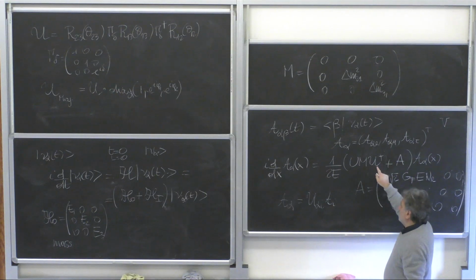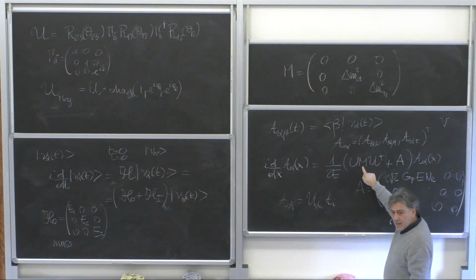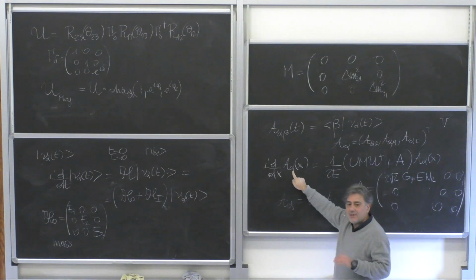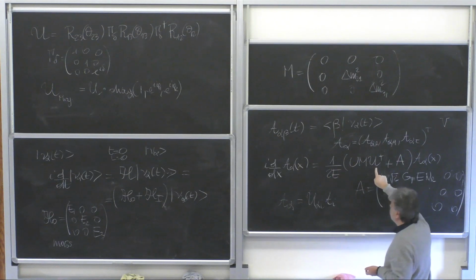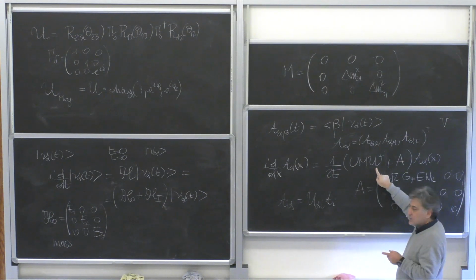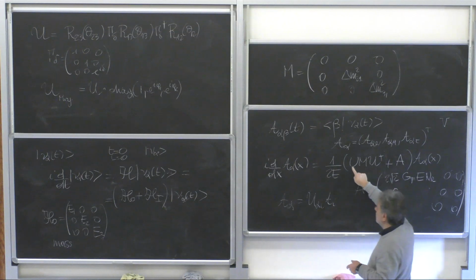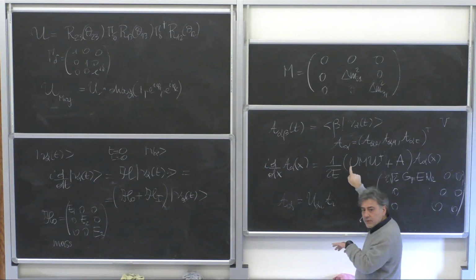The evolution is diagonal in the mass basis, but since we are studying the flavor components, we go from flavor to mass, diagonal evolution, and back from mass to flavor eigenstates.